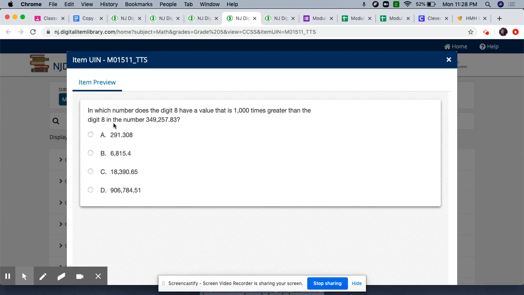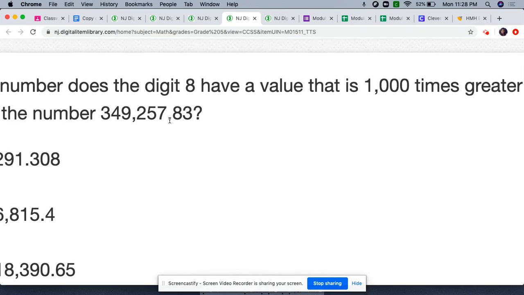We're going to come over here on Thursday's Do Now. It says, which number has a digit 8 with a value that is 1,000 times greater than the digit 8 in the number 349,257 and 83 hundredths?